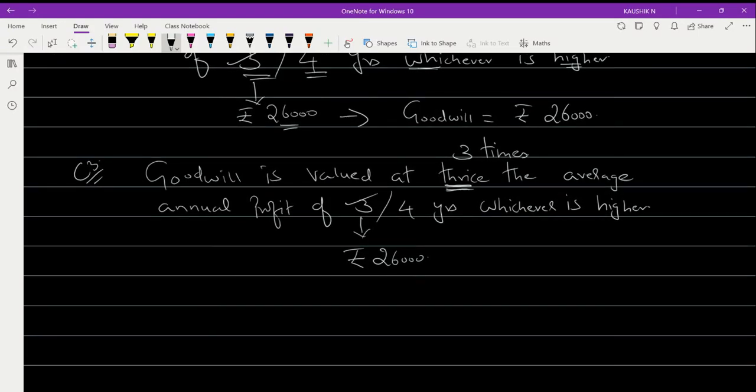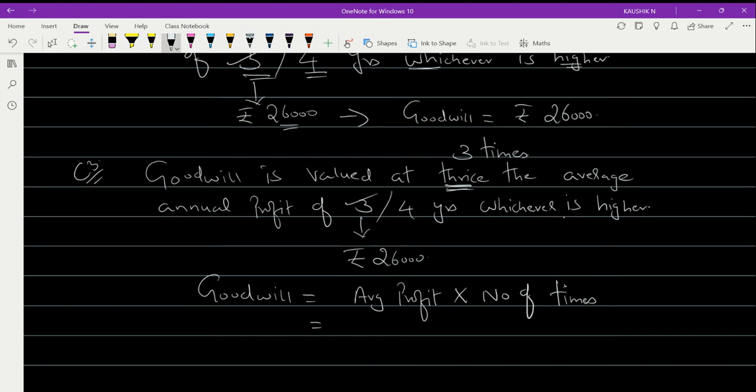If this is the concept by which you have to find out the goodwill, then the formula will be: goodwill is equal to average profit into, instead of number of years purchases, number of times.